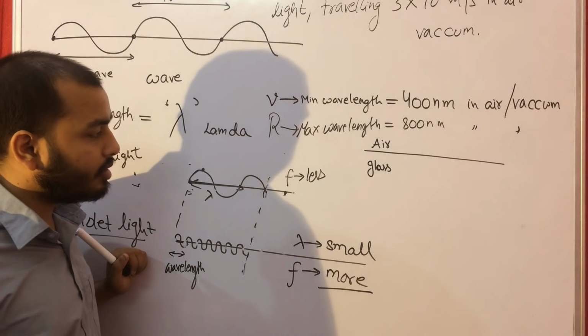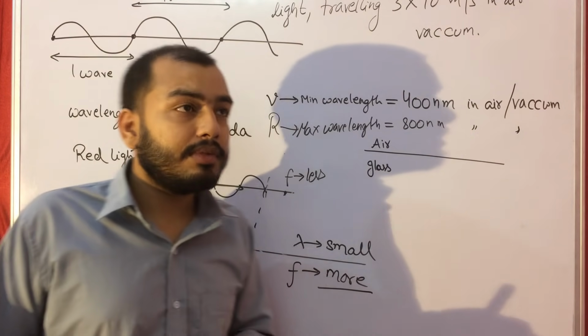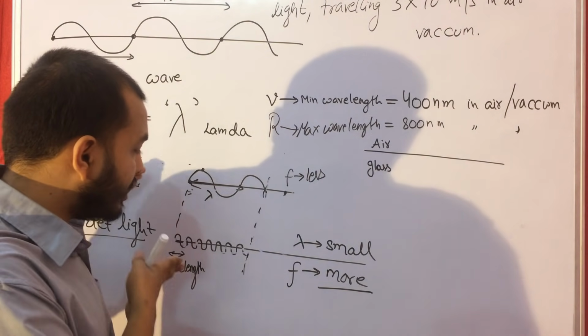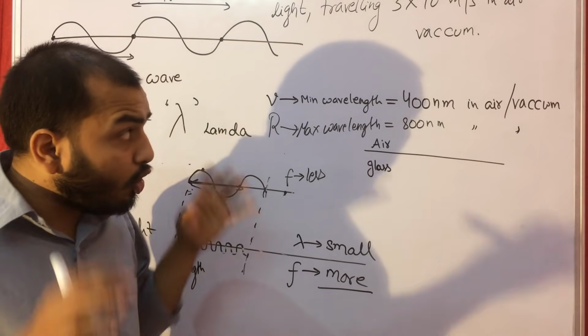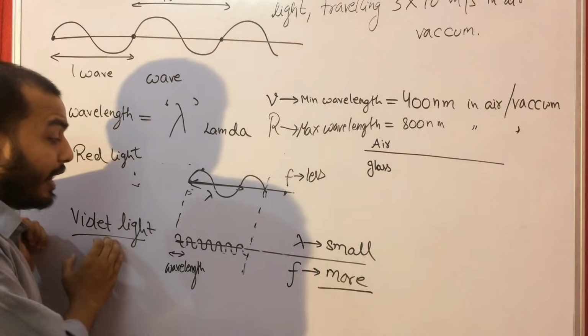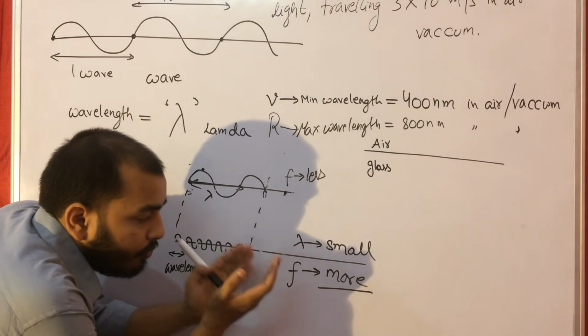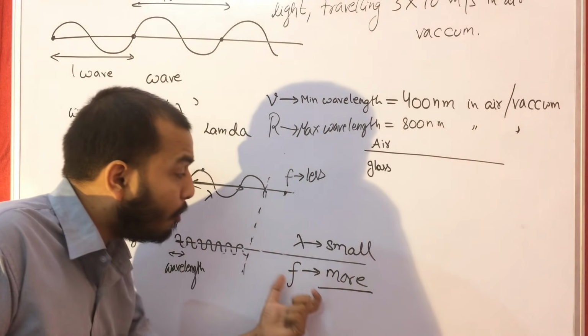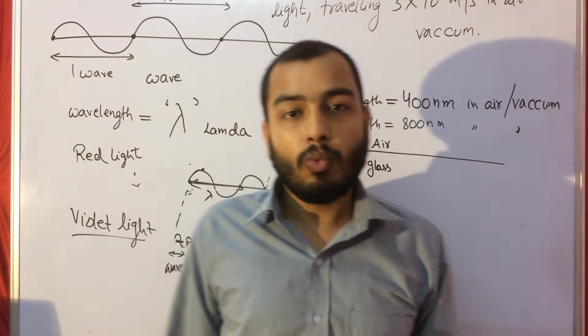More number of waves. So in order to travel at the same speed, both have to cover equal distance in equal time. In order to do that, violet has to produce more number of waves, and that is frequency. So violet has more frequency and red has more wavelength. What is frequency?